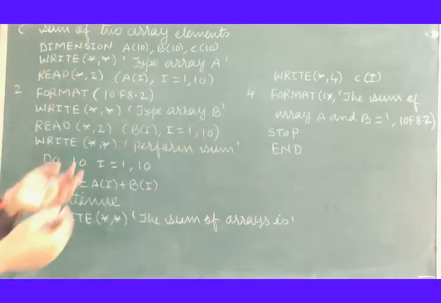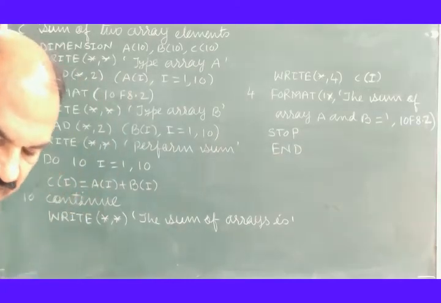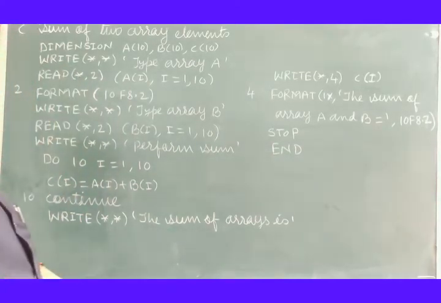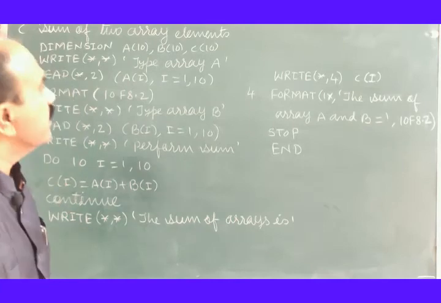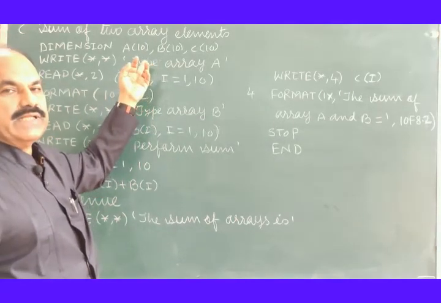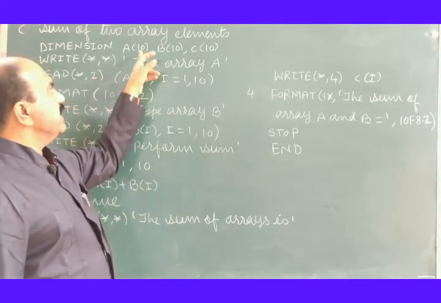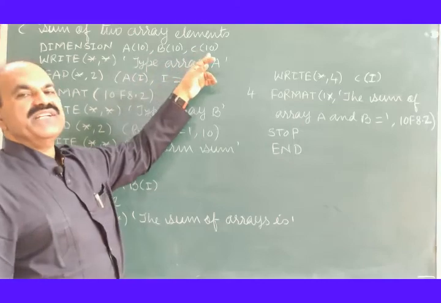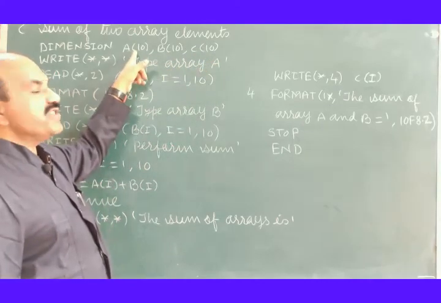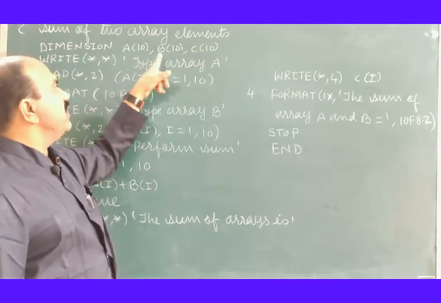So this is a sample program for implied do loop. Let me explain. Here we have defined three arrays A(10), B(10), C(10). They are one dimensional arrays.